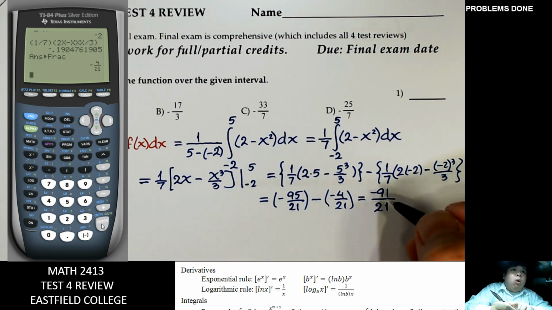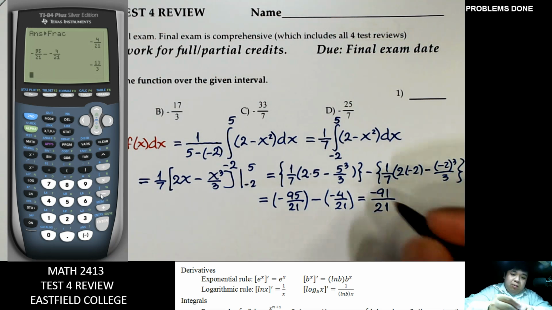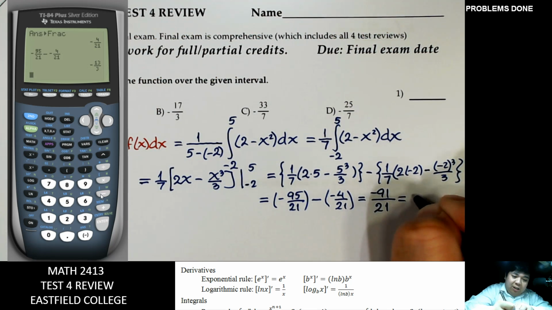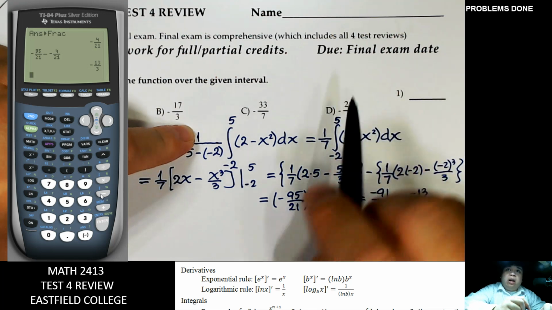Right, 91 divided by 7. So on the calculator we just do this, copy and paste and then subtract, and we get negative 13 over 3. Of course you can put the whole thing in the calculator as well.